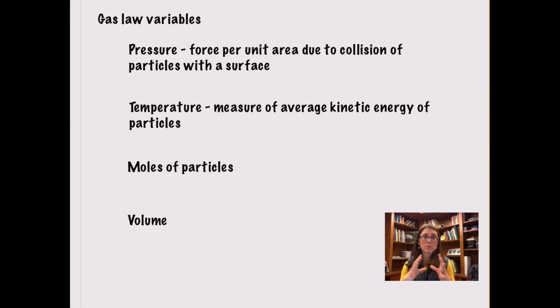And then we have volume, so how much space something is occupying. And each of these we're going to give a letter to when we use them in our gas law equations. So pressure is P, temperature is T, moles is N, because that's the number of particles, and volume is V. Again, these should be familiar to you from last year.